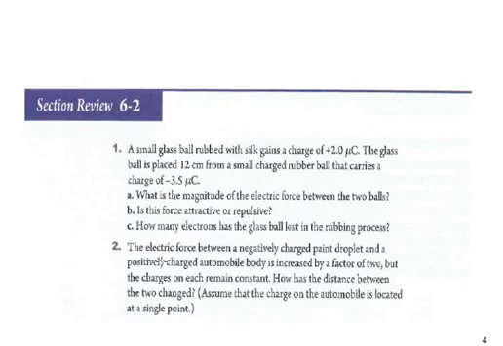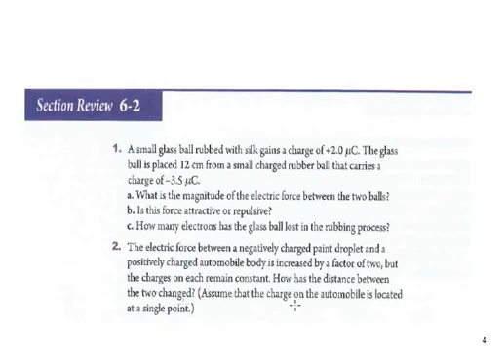Second question: the electric force between the negatively charged paint droplet and the positively charged automobile body is increased by a factor of 2, but the charge on each remains constant. How has the distance between the two charges changed? So it asks about the relation between force and distance, so you have to be careful.